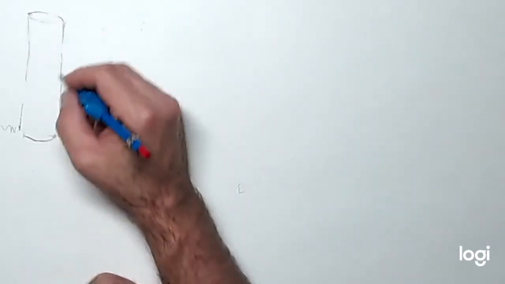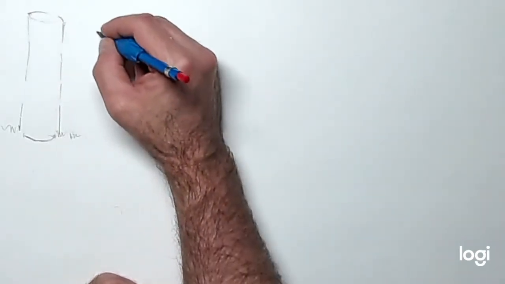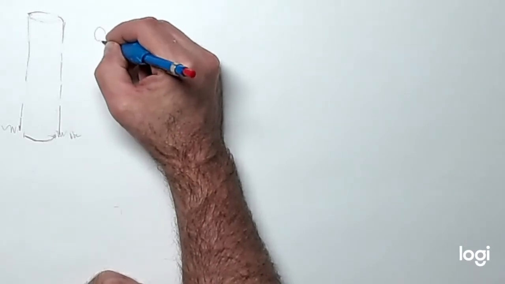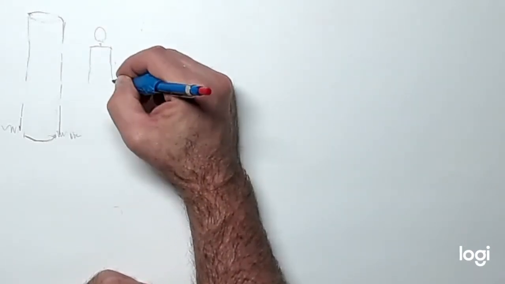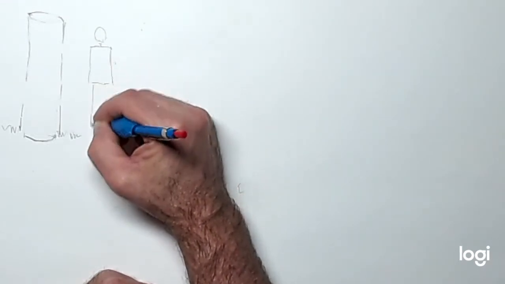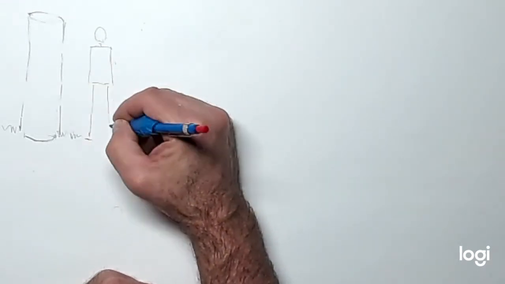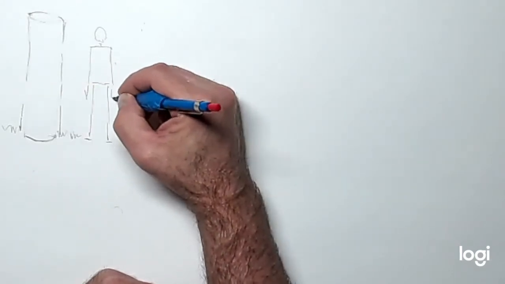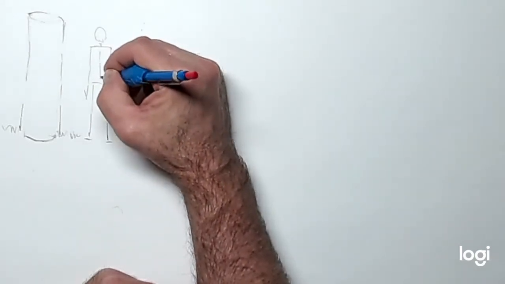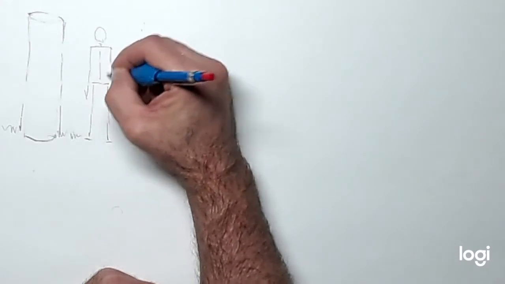Now, our tree trunk right now is a little bit like this. It's almost like if we drew a person and drew them like this. Nothing's really wrong with this person.